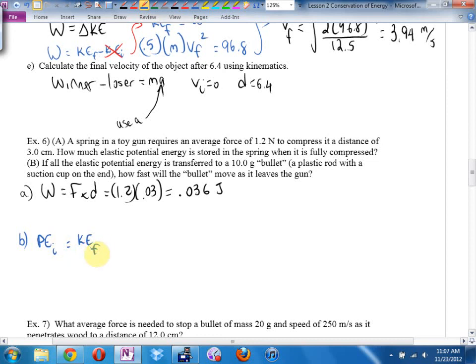What we've really done is we've used the law of conservation of energy. We said kinetic energy initial plus potential energy initial equals kinetic energy final plus potential energy final. But we said it's not moving at the beginning, so it has no kinetic energy. And when I pull the trigger, all of the potential is now gone, so it's all kinetic. With me on that? All right. Not MGH, that's gravitational potential energy.